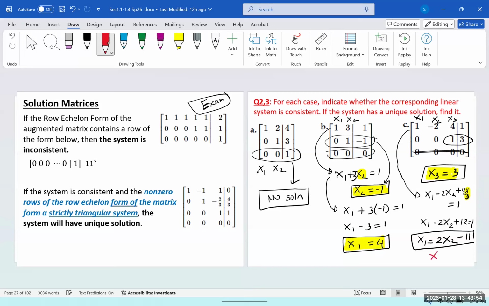It's free, it means it can be anything. We can pick any number for x2, and x1 will depend on that. For example, if we say x2 is 0, then x1 is 0 minus 11, which is negative 11. If we say x2 is 1, then we have 2 minus 11, negative 9. So we can pick any number for x2, and x1 follows your x2.